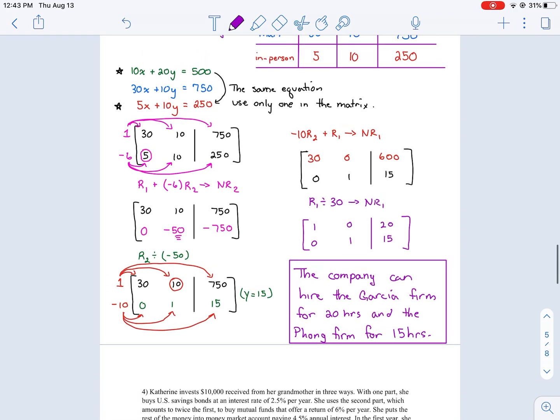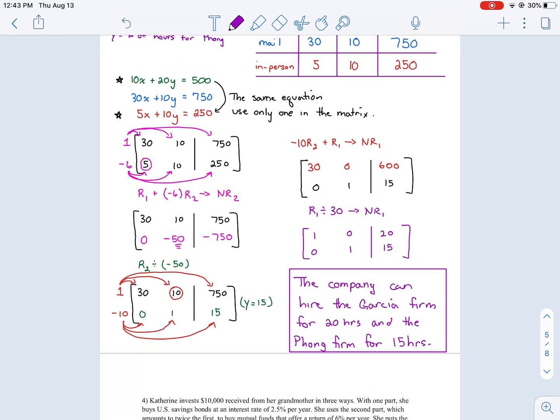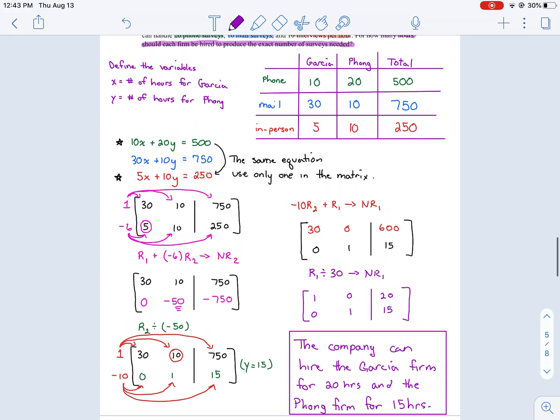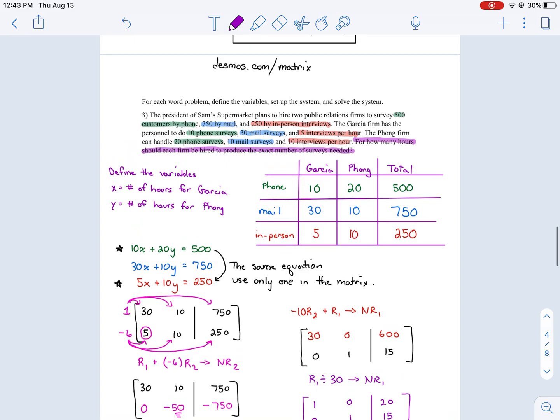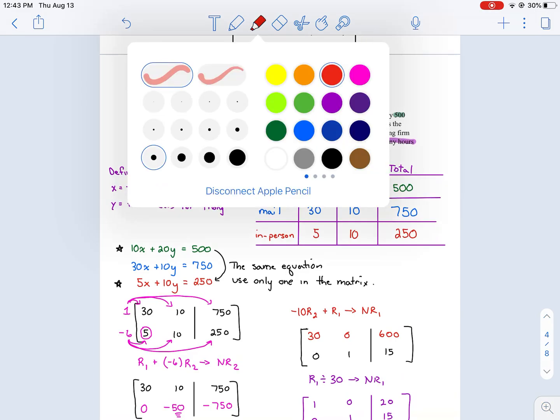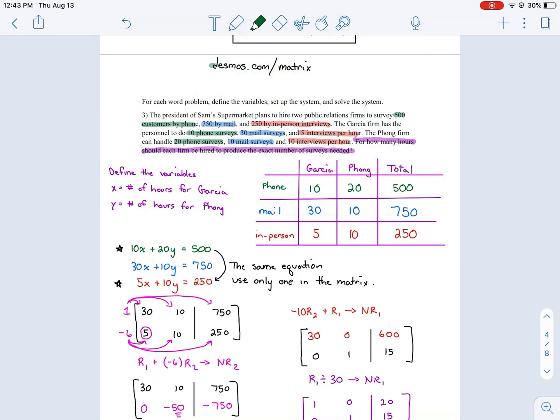Okay, so now what I'm going to do is introduce a website that is going to help you check your work. And I have that website here at the top. It's called decimus.com/matrix. So I'm going to go ahead to that website right now.